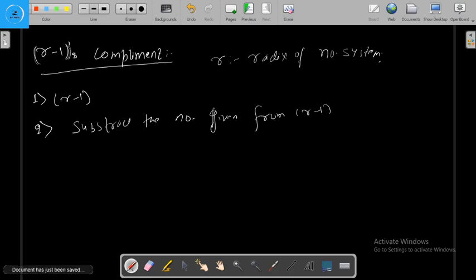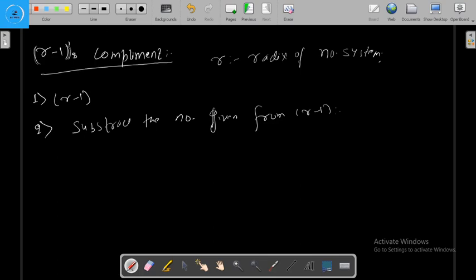So for performing the r-1's complement, our first step is to write r-1, and our second step is to subtract the given number, the one for which we need to find the r-1's complement, from that r-1. It will be more clear by example.